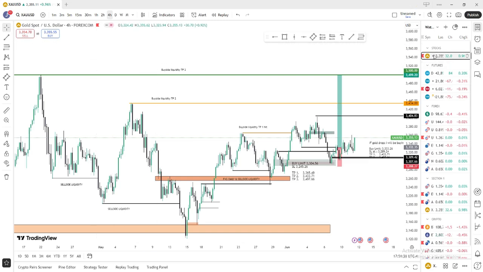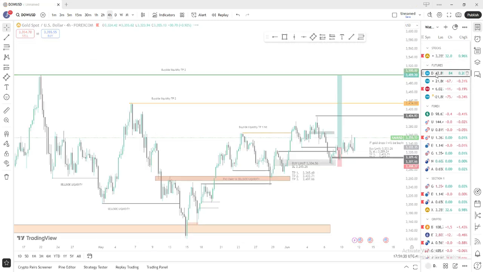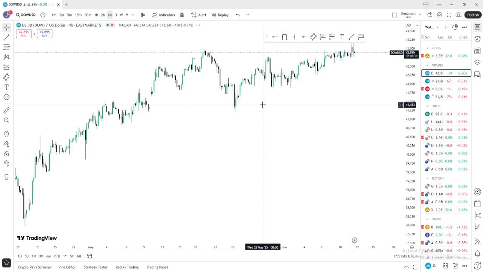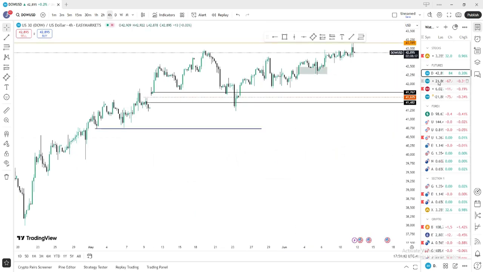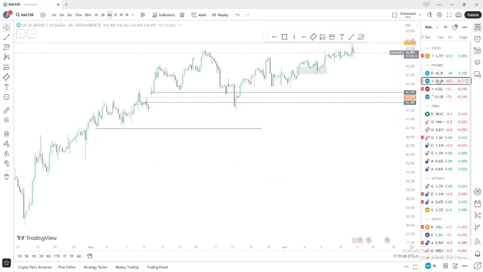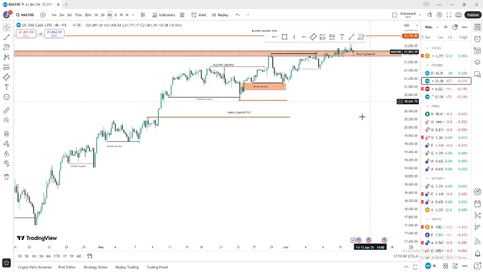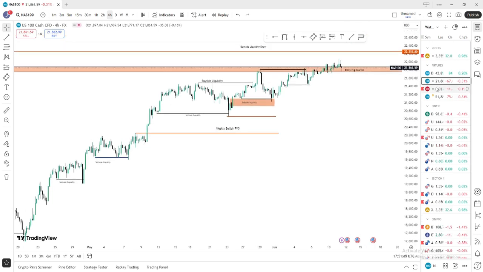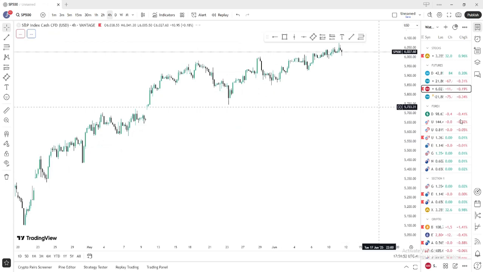Arrange your charts to this. Gold. This is the Dow. This is the 100 NQ, whatever you like to call it.